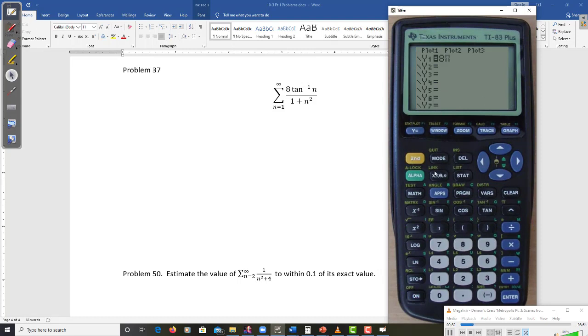Eight inverse tangent of x divided by 1 plus x squared. Seems like it will be. I don't really care about negative values, so I'll go 0 to 50. I'd call that decreasing.